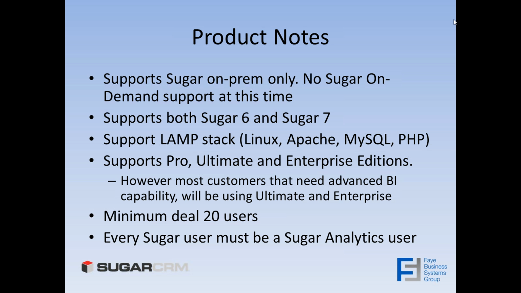One is that's also part of our contract with IBM. Now, I'll tell you about pricing in a minute, but one thing to point out is that Sugar Analytics pricing is considerably cheaper than regular Cognos Business Intelligence that you would buy from IBM. And so keep that in mind, and that's actually one of the reasons that this licensing requirement is here, that every Sugar user must be a Sugar Analytics user.